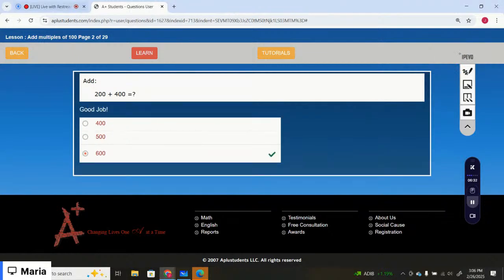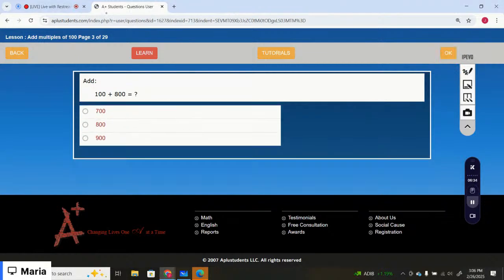That is 600. 100 plus 800, which is the correct option?